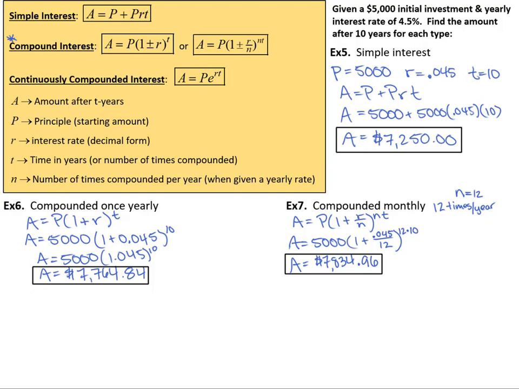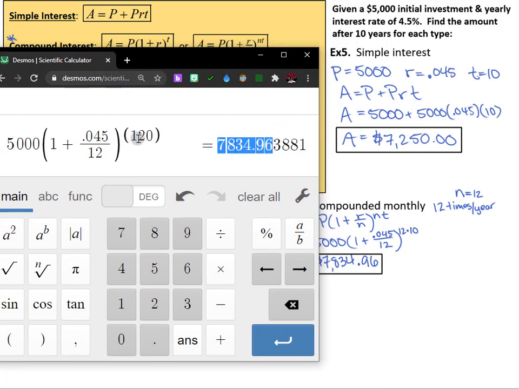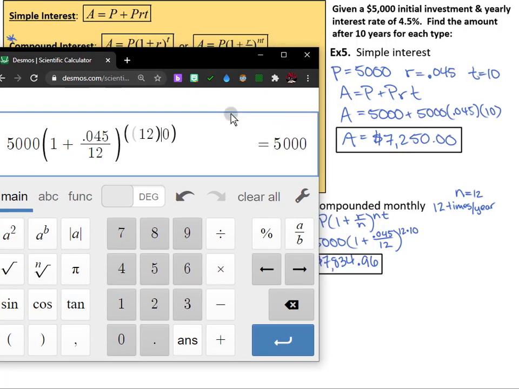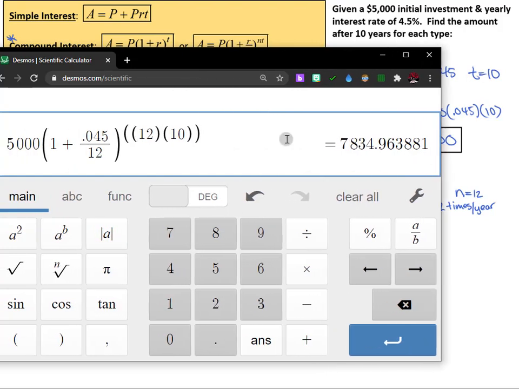Okay, so as you notice, again, we've gone up in value. But what about if we compounded instead of 12 times per year? In fact, let's go ahead and make this 12 times 10 up here, just so we can manipulate these values. So there's an excessive number of parentheses up here in our exponent, but there we go. What if we change some of these values around?